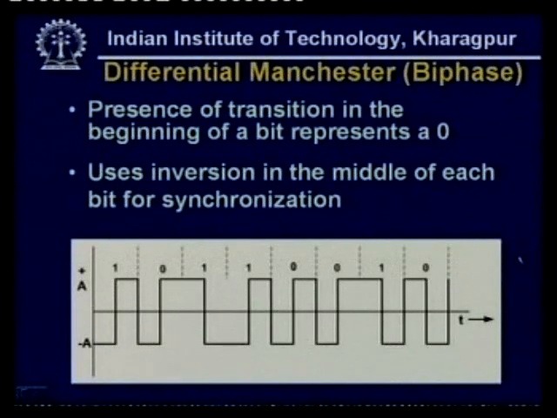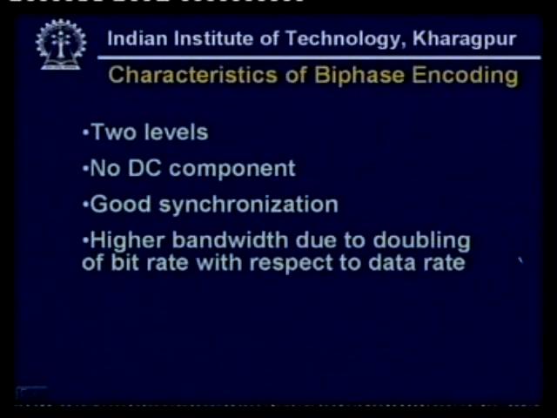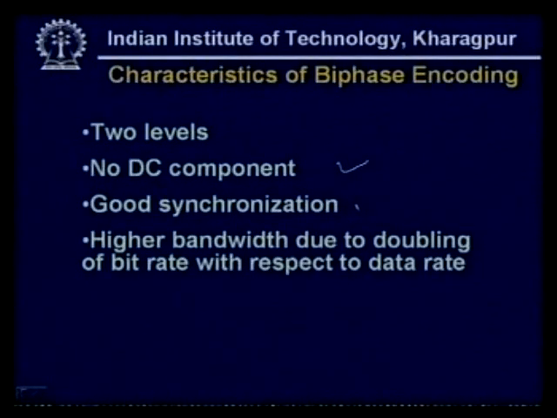So the average value will be 0. So there will be no DC component present. It is a very good feature, and it provides you very good synchronization, because the number of transitions per bit element will be at least 1. There may be more than one transition in case of consecutive zeros or consecutive ones, but it gives you at least one transition. So it gives you very good synchronization.